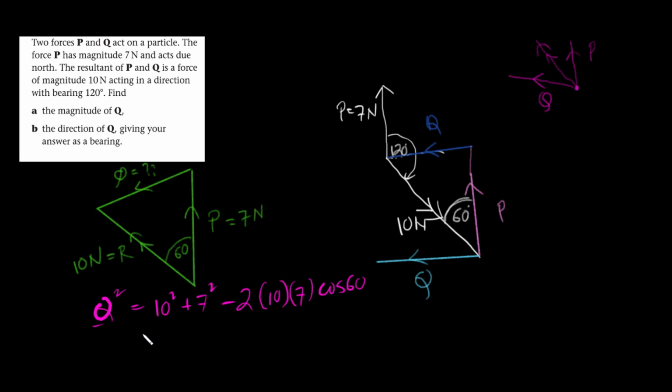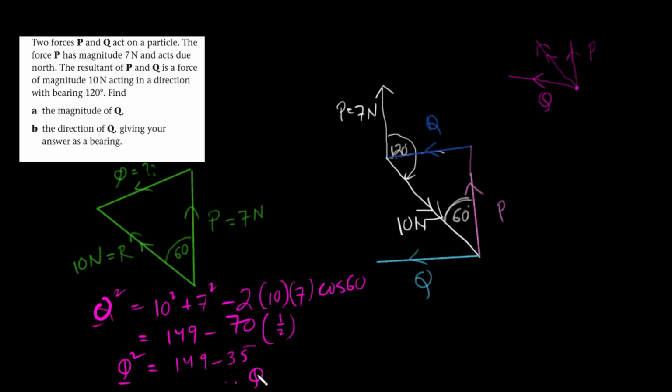So that means this is 100 plus 49, 149, minus 70 times cos 60, which is half. So that turns out to be 149 minus 35. So this is Q squared.